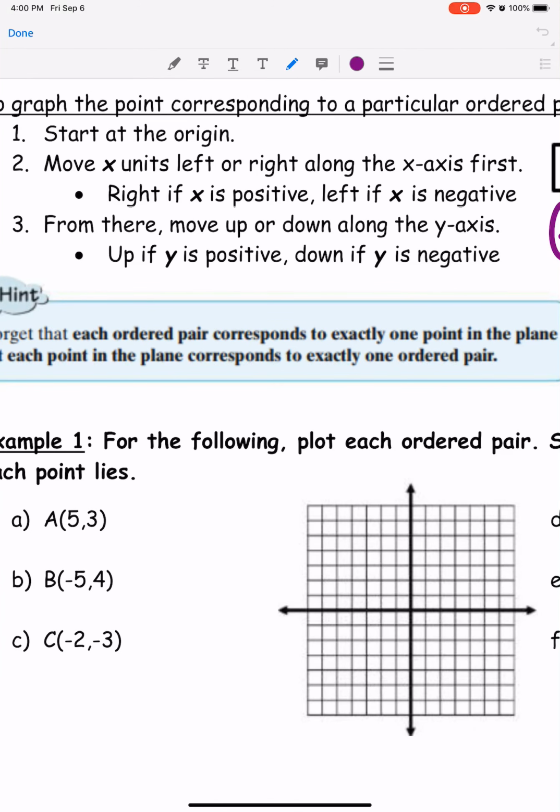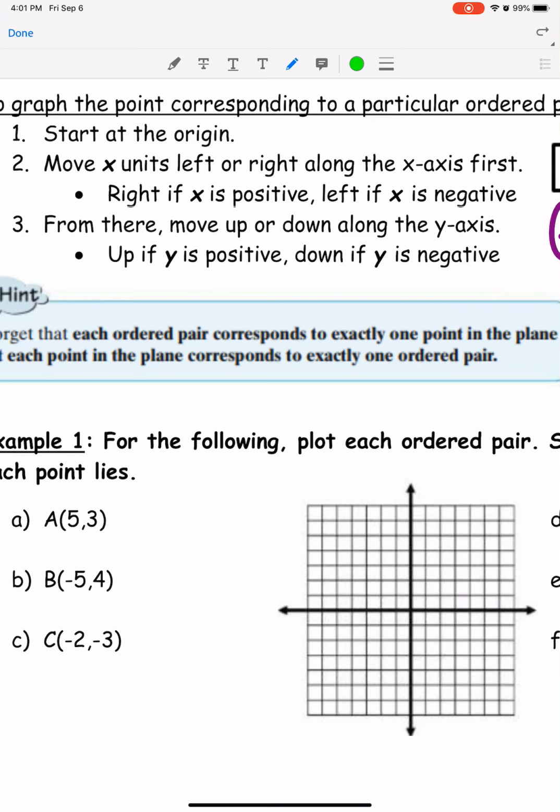From the origin, which is this middle one here, we want to go over positive 1, 2, 3, 4, 5. Then from this point, I need to now go up 3 since that's a positive 3. So we'll go up 1, 2, 3. That is our point right there.